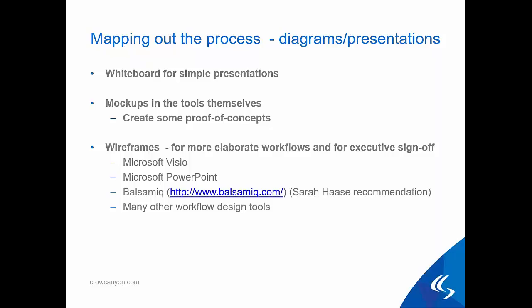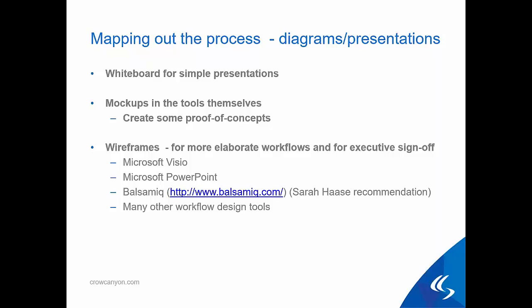Now, I'm going through this fairly rapidly, maybe 10 minutes on this, but this is really a whole world unto itself as far as how to map out processes and what tools to use to do it. I just want to make the point that before you jump into coding, we have to give some thought to what the workflow is going to do, what it is going to accomplish, and how's the best way to make this happen.